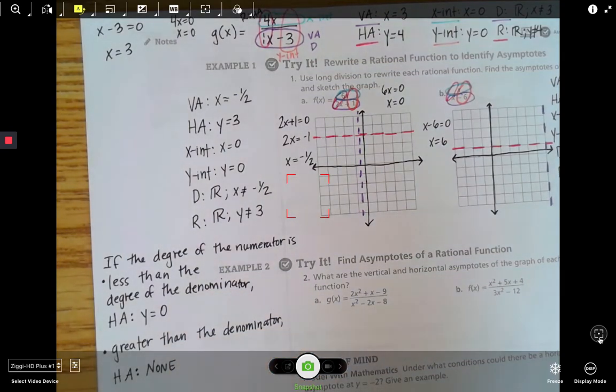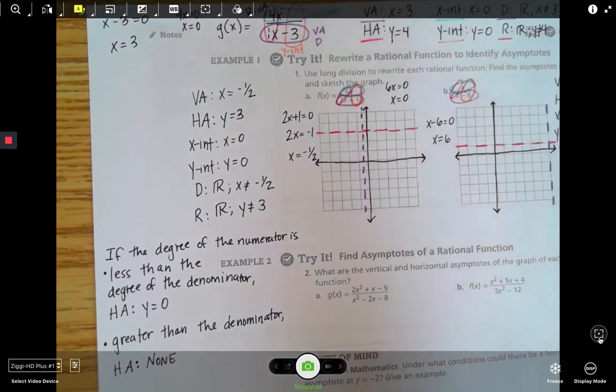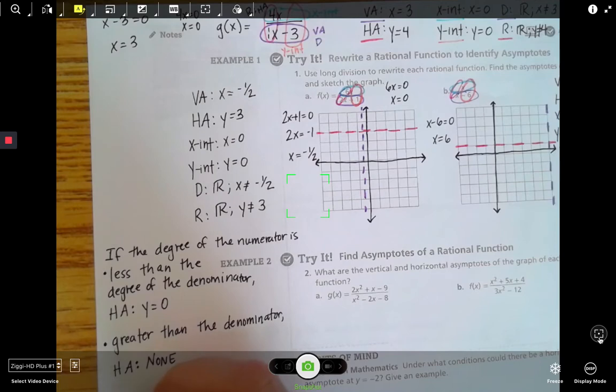And case number 3 is if the degree of the numerator and denominator are equal.